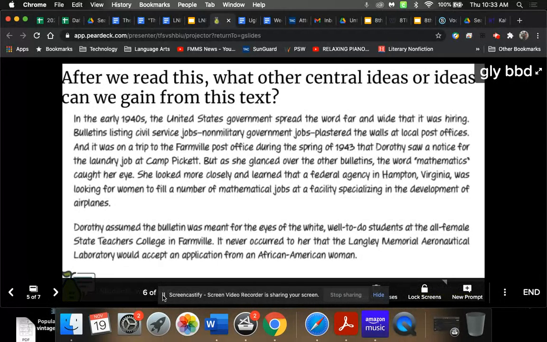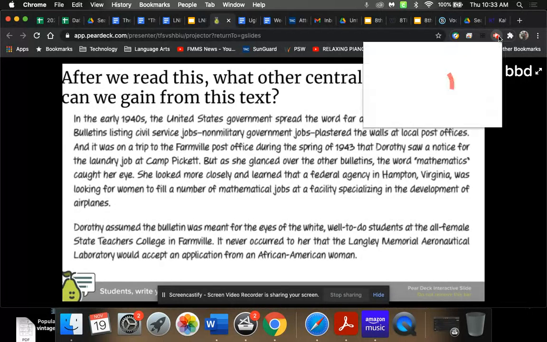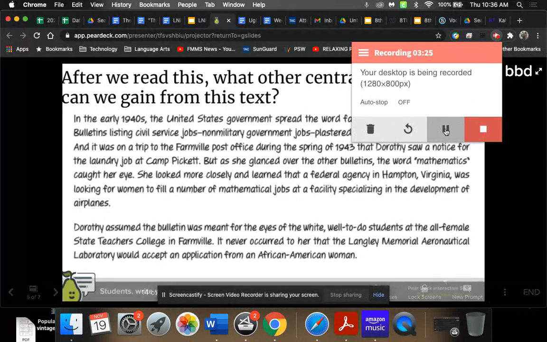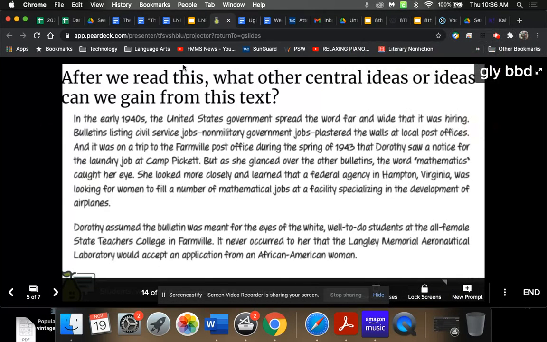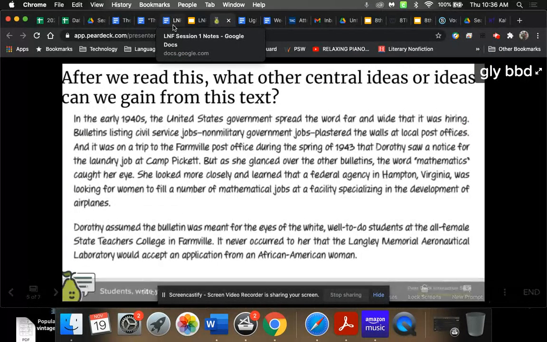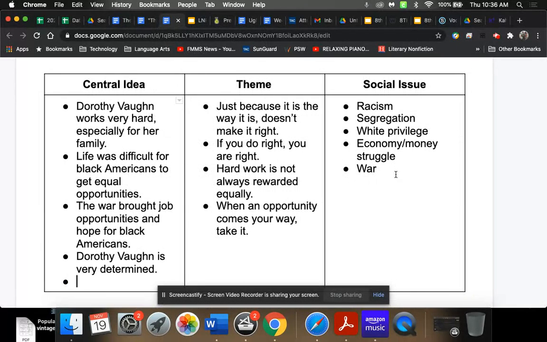So go ahead and take a second, type in what other central ideas and information we can get from this text. Okay, so we had some great responses, so we're going to add some to our chart. You need to get out your reading section and make sure that you are adding this to your chart from Tuesday. We found that discrimination is a social issue that it talked about, treating people differently simply because of who they are.